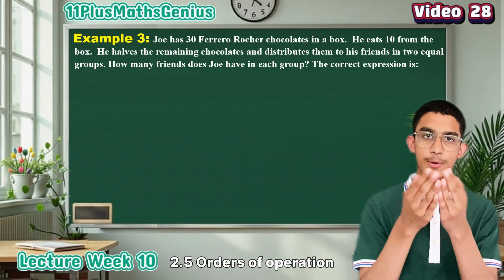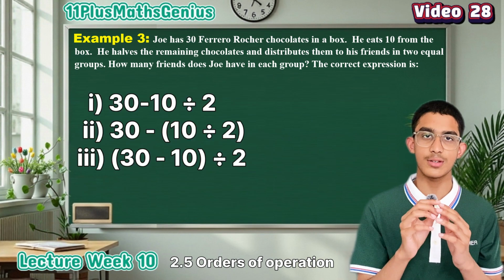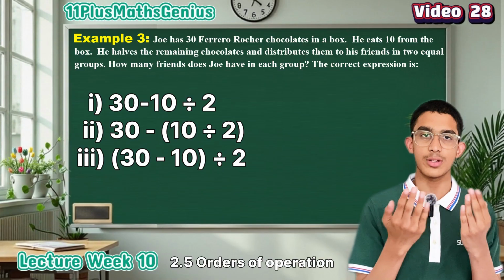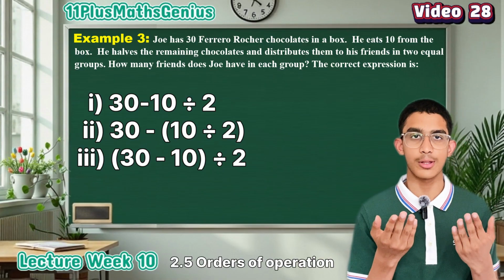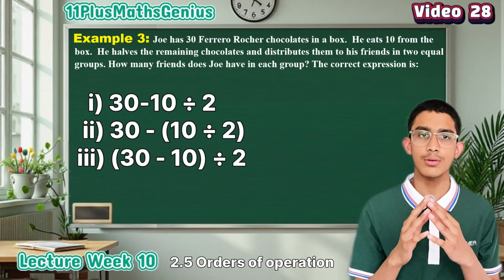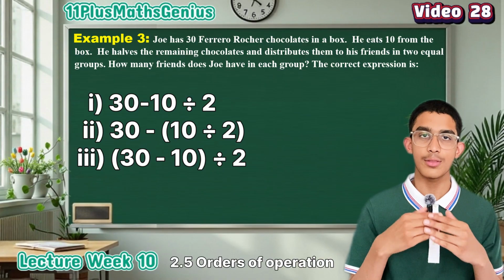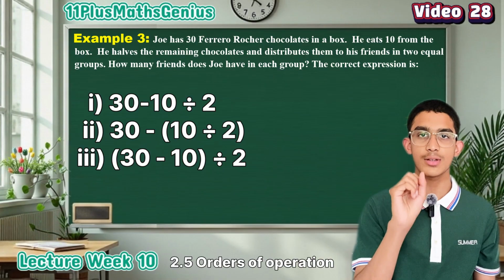The correct expression is option 1, 30 minus 10 divided by 2, option 2, 30 minus, brackets open, 10 divided by 2, brackets closed, or option 3, brackets open, 30 minus 10, brackets closed, divided by 2.